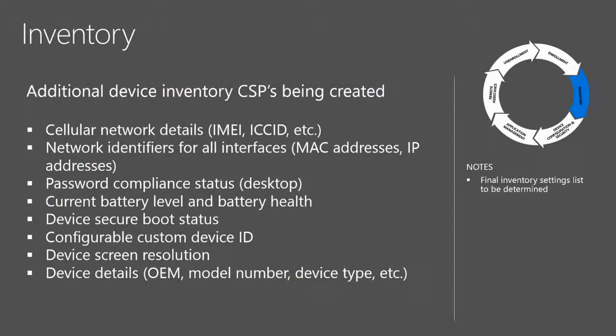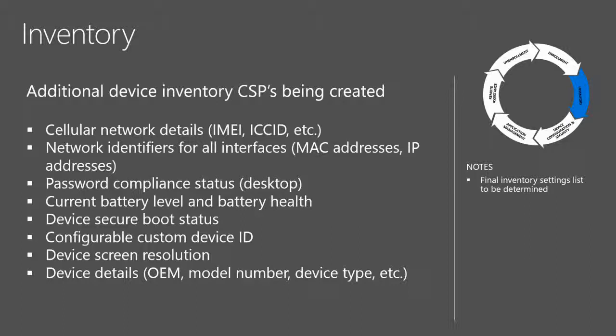So I already spoke about the inventory that has been extended, especially around the cellular network details. There were a lot of customers that were asking for that. I want to know the IMEI number of the phone. You probably have that in your own organization as well.